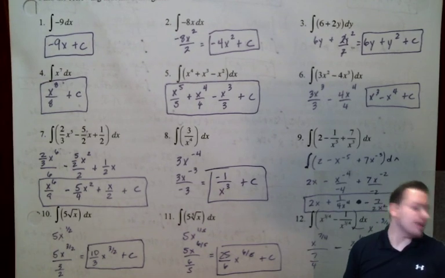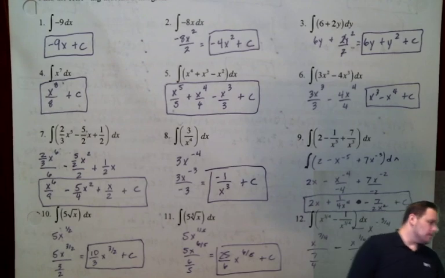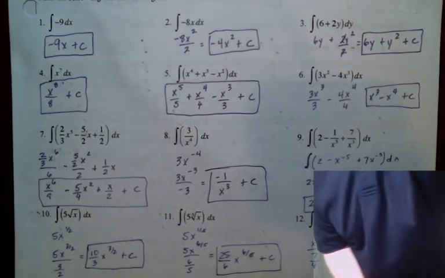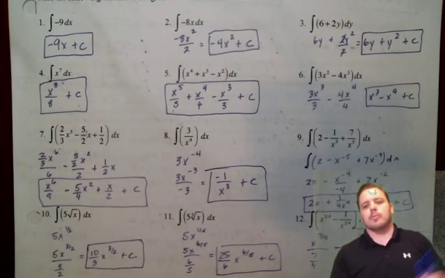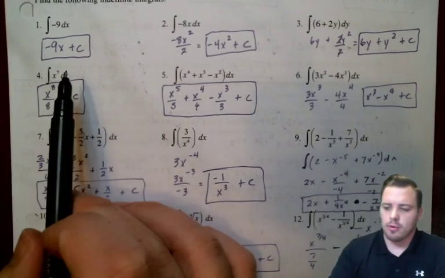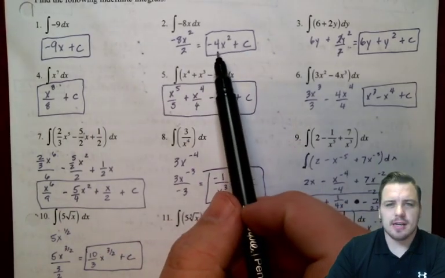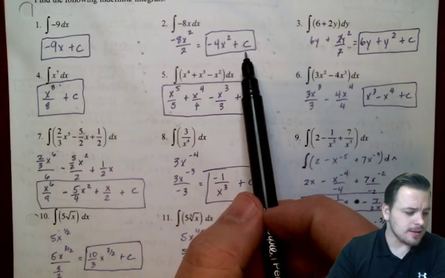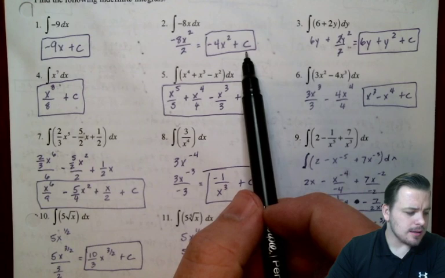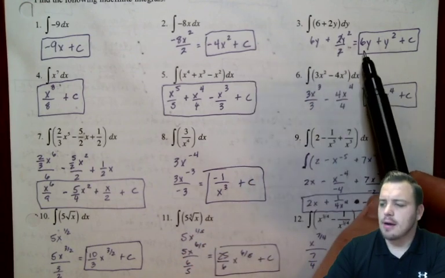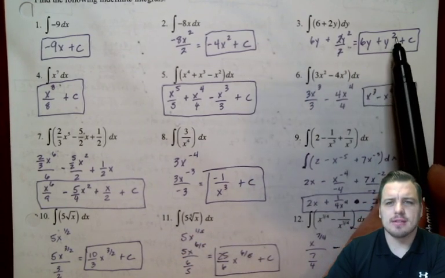Just to go through here a little bit, number 1 is negative 9x plus c. Number 2 is negative 4x squared plus c. Number 3 is 6y plus y squared plus c.